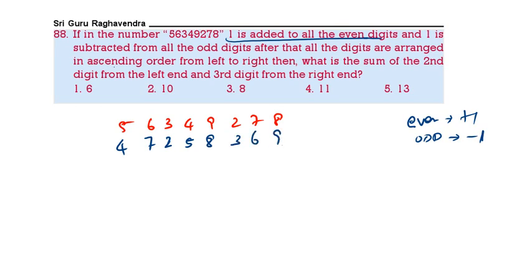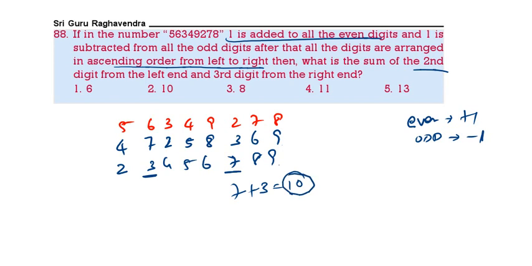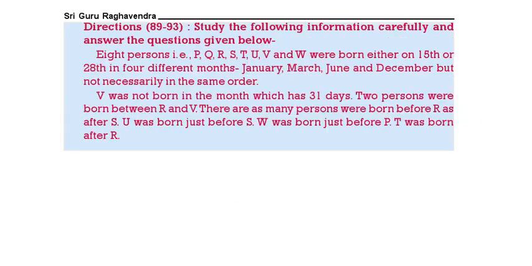Then arrange them in ascending order: 2, 3, 4, 5, 6, 7, 8, 9. Then what is the sum of the second digit from left and the third digit? Second digit from left is 3, third digit is 7. So 7 plus 3 is equal to 10. 10 is the correct answer.